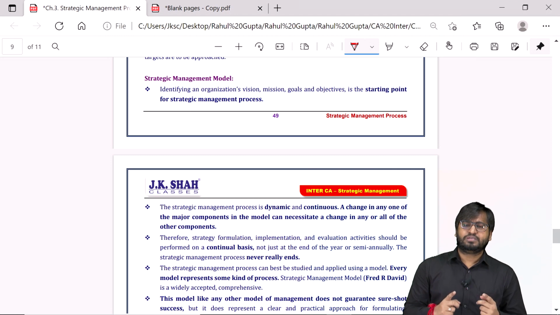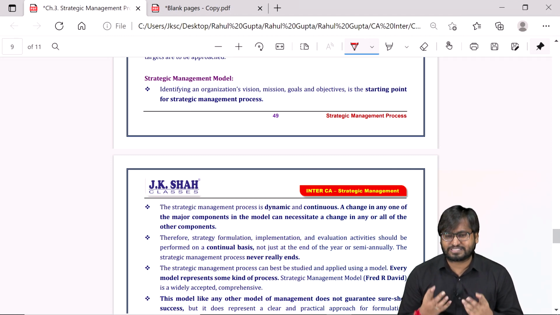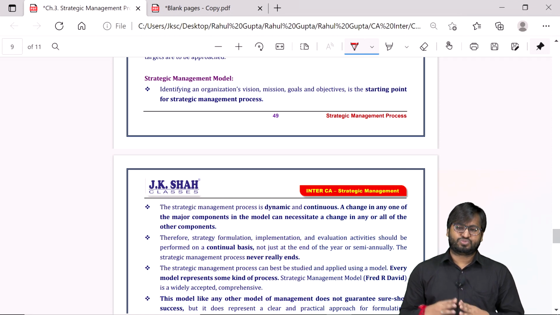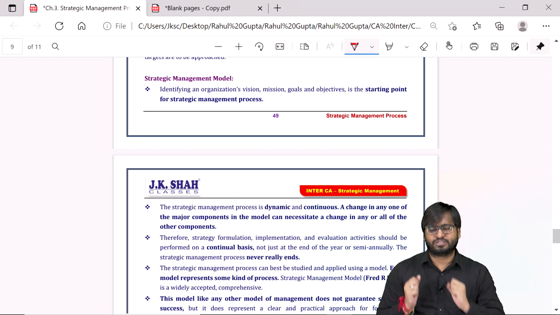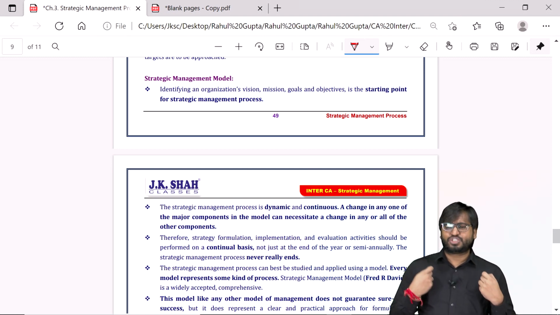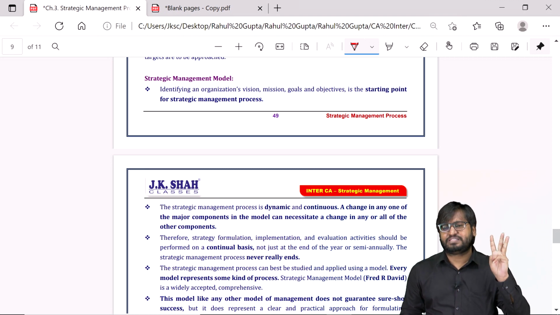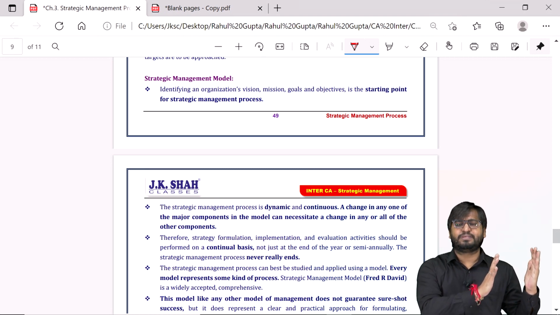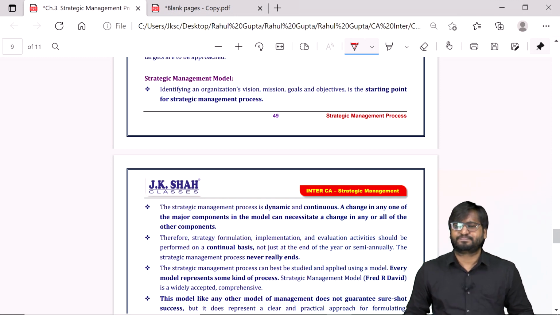We should correct those things, those mistakes. So this phase is called the last phase, that is evaluation. So strategic management will consist of three phases: formulation phase, implementation phase, evaluation phase.